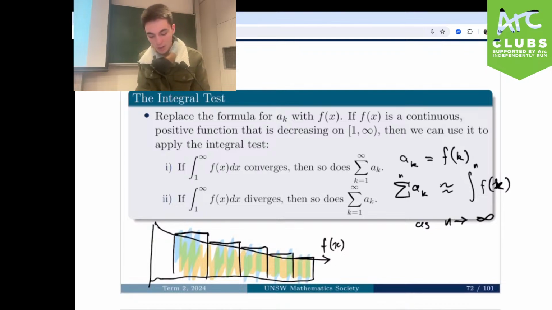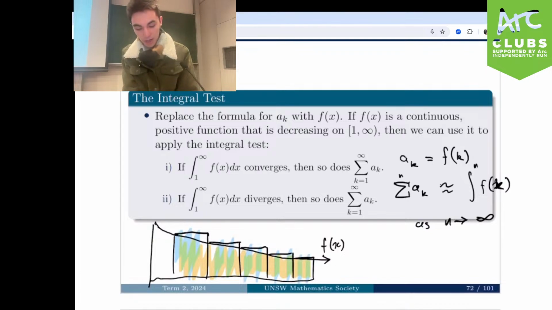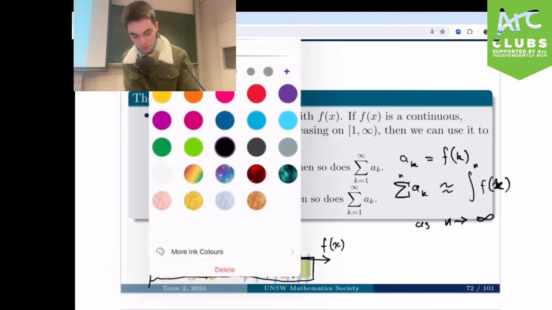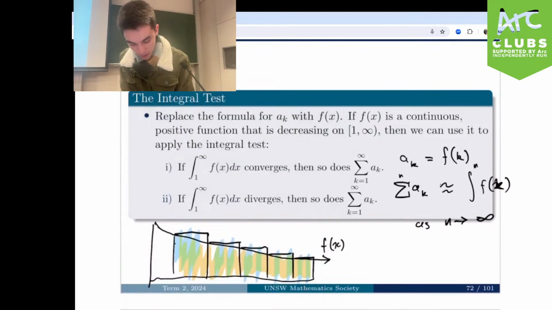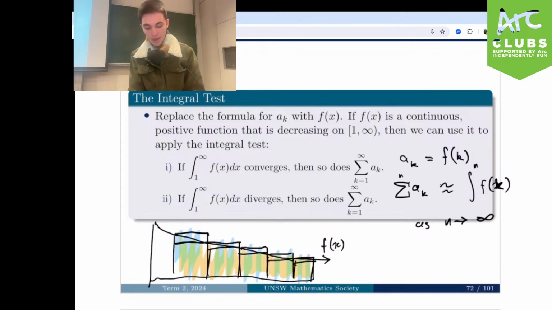Because it's strictly smaller than the series. But if we ignore the first term of the series, right, and we start with the second rectangle, then we end up with a set of rectangles that look like this, that lie strictly underneath the curve, right? And that means that if the integral converges, then the series has to converge too, because it's strictly underneath the graph.